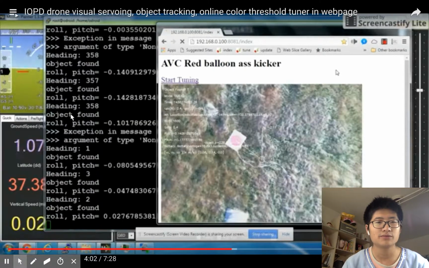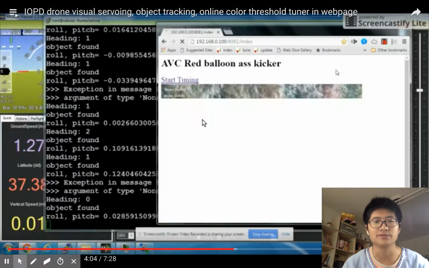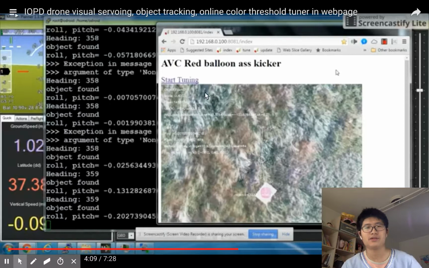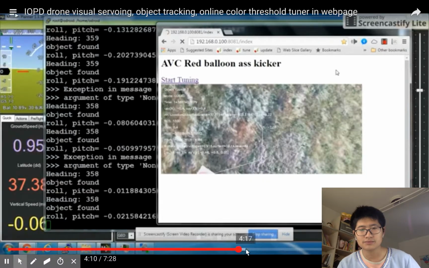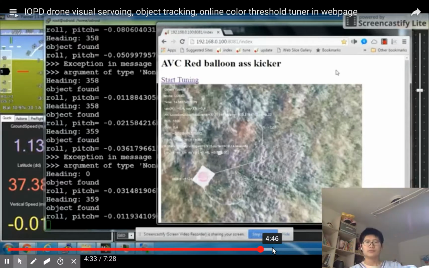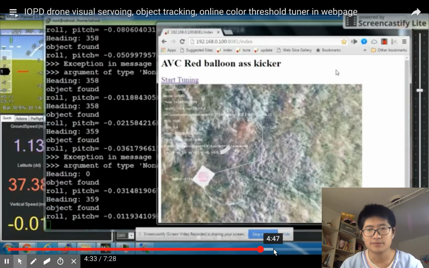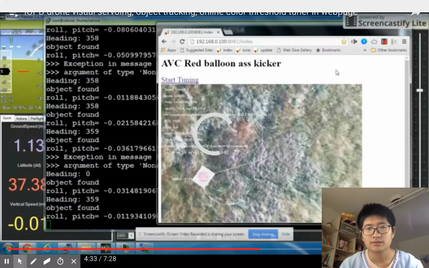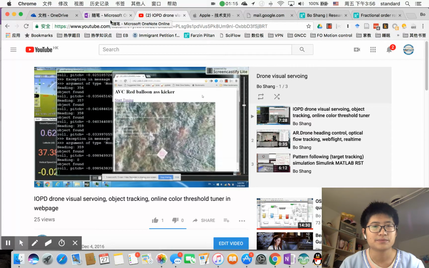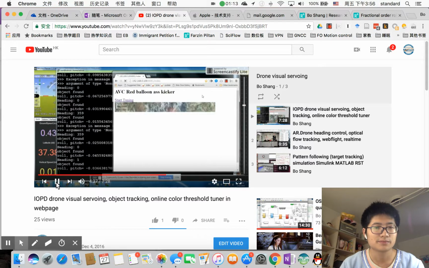The object found frequency is a little higher than the refresh period from the browser, but it is also not good enough. So this is what we did on the experiment side. From this experiment, we can have the following results.